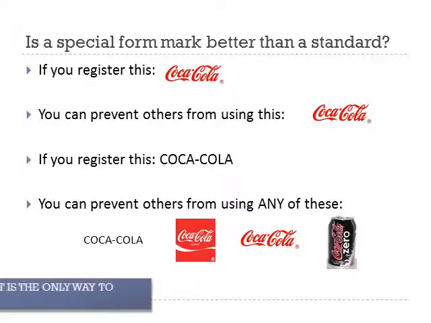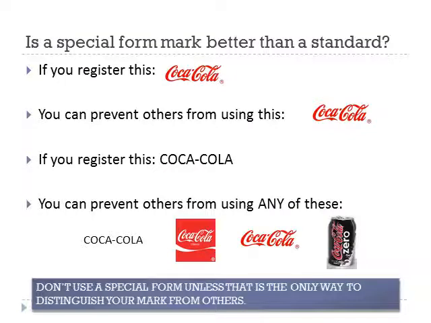So why on earth would anybody do a stylized trademark? Well, the answer is when somebody else already has a trademark that's similar to yours, you can sometimes distinguish yourself and get on the principal register by adding some color or something different. It's going to narrow the scope of your trademark rights, but it's going to help you distinguish yourself from another trademark.